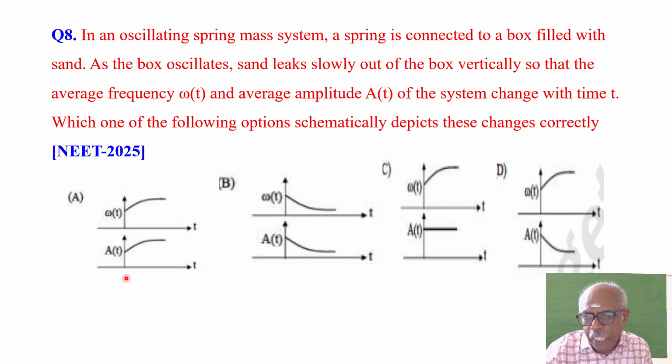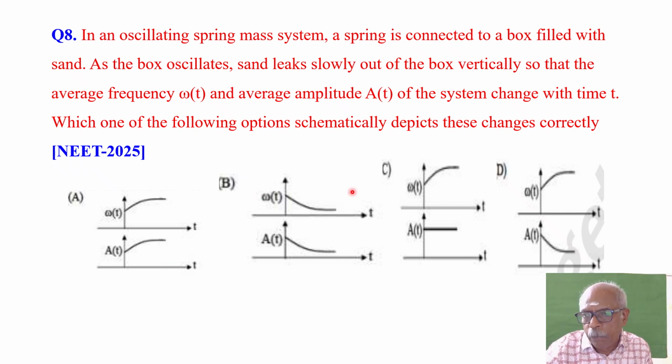In all the graphs, time is taken along the x-axis. In the upper portion, omega t is taken on the y-axis. In the lower portion, amplitude is taken along the y-axis. In option A, both the angular frequency as well as the amplitude increase as time passes on.